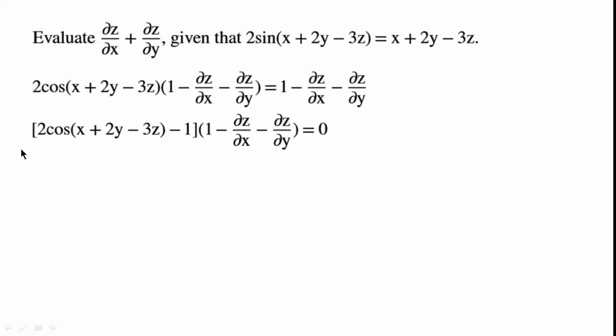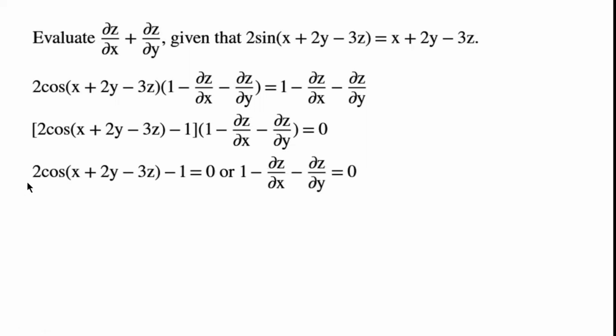By rearranging the equation, we can now write (2 cos(x + 2y − 3z) − 1) times (1 − ∂z/∂x − ∂z/∂y) equals 0.